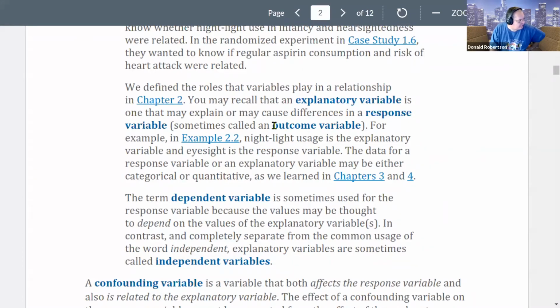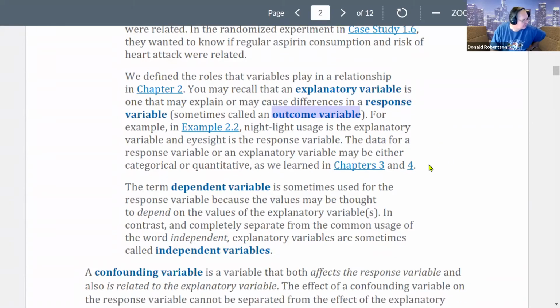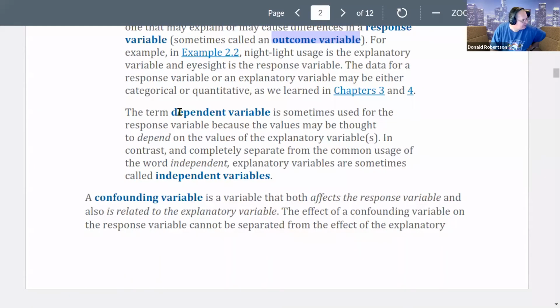The response variable is sometimes called an outcome variable as well. And there's another name for it. So the explanatory variable is sometimes called the independent, and the response variable is sometimes the dependent. When I take over the world, I am going to destroy all those.